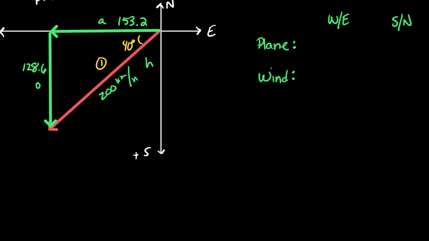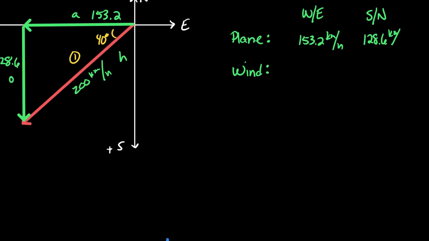So it appears in the west-east direction, I have 153.2 kilometers an hour for the plane. That's how fast it's traveling to the west, while at the same time, it's traveling 128.6 kilometers per hour to the south. I made west and south positive.